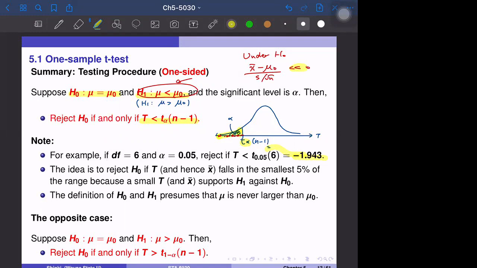The other way is the same. If H1 is mu larger than mu naught, reject if capital T is large enough. If H1 is true, then x bar minus mu naught is a large value, so we should reject H naught to support H1. On the T distribution, the rejection region is the upper right tail.